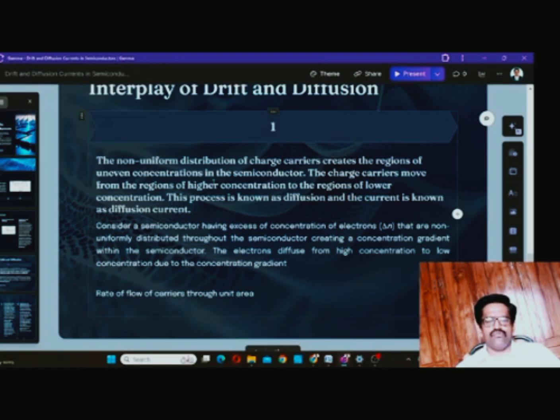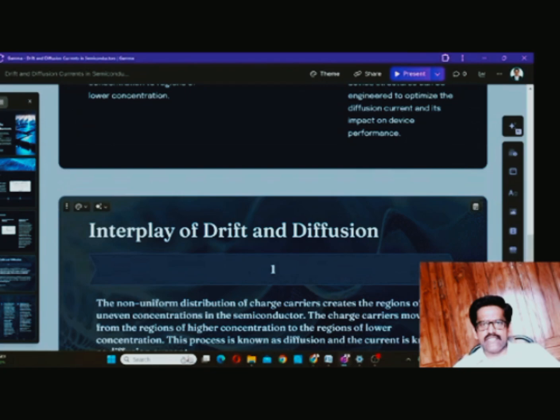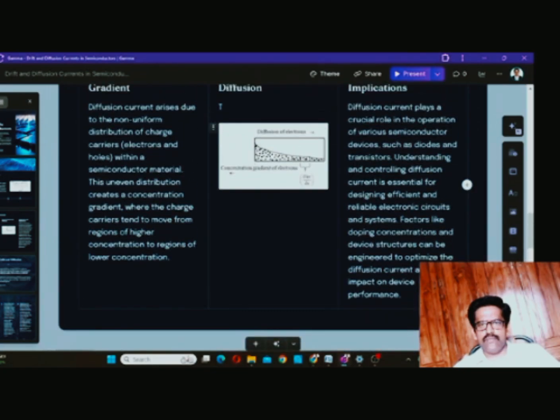Here also we have to find the current density for diffusion current. Consider dn, where n is the concentration of the electrons or charged particles and x is the displacement. The concentration varies up to a certain x, then becomes uniform.